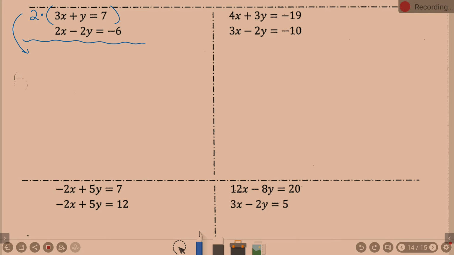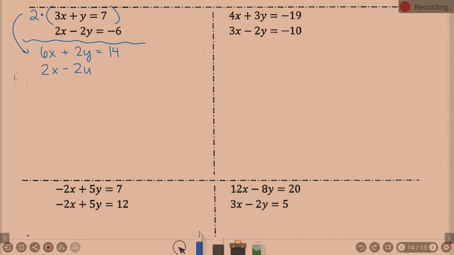Multiply with me. So 3 times 2 is 6x plus y equals 7. Well, we have to multiply everything by 2, so 2 times 3x is 6x. 2 times y is 2y, and 2 times 7 is 14. Now, bottom equation, I'm not changing this time.